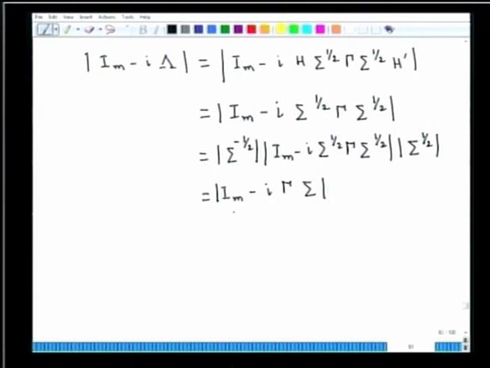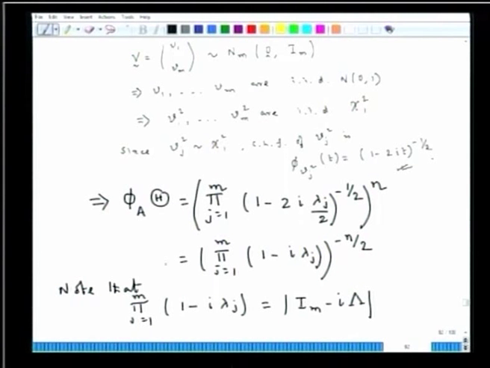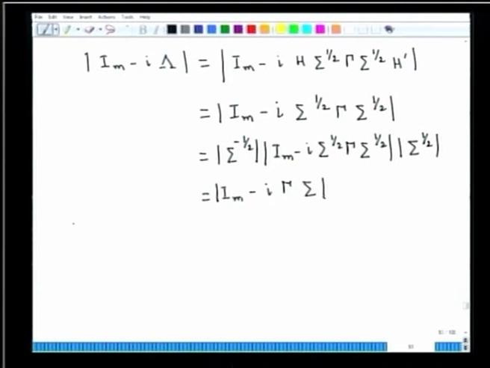Now from here, in the final expression of the characteristic function, we had this term, and we have shown that this term is the determinant of Im minus I times gamma sigma. So this would imply that the characteristic function of A is finally given by the form that was desired, at the point script theta matrix.